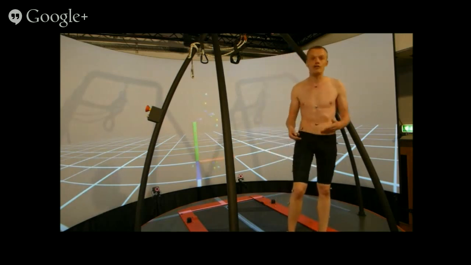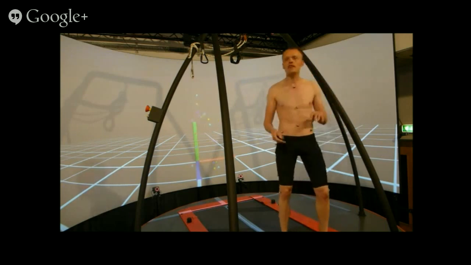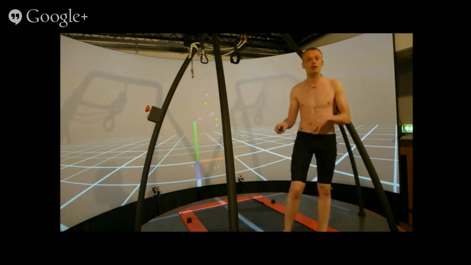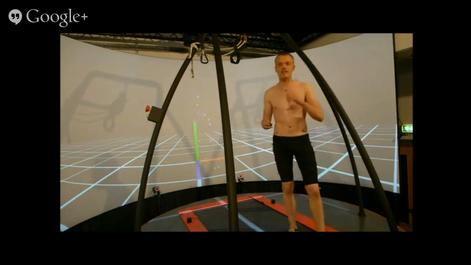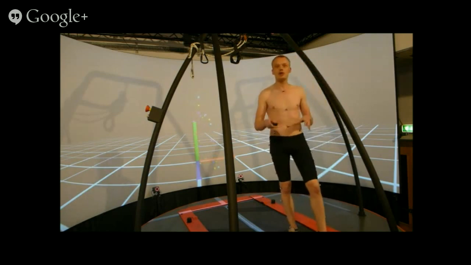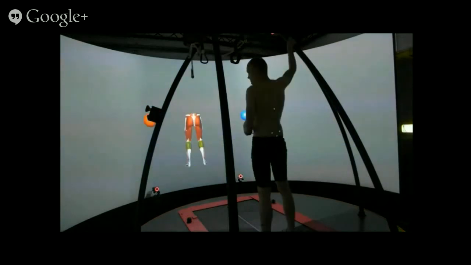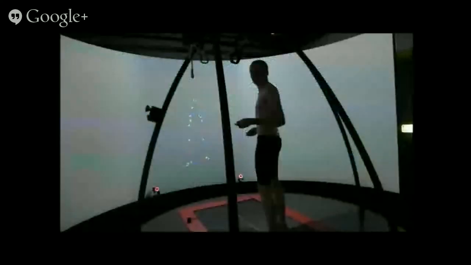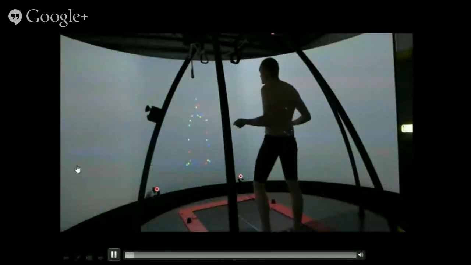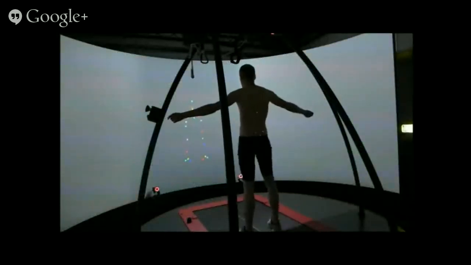Here you can see, as my colleague Andy moves around, the markers in the background are moving around in real time and are being visualized in real time. Here we are with the lights down. You can see the human body model, quite similar to the Plug-in Gait model with single markers.